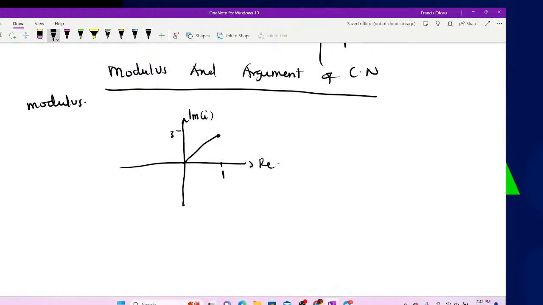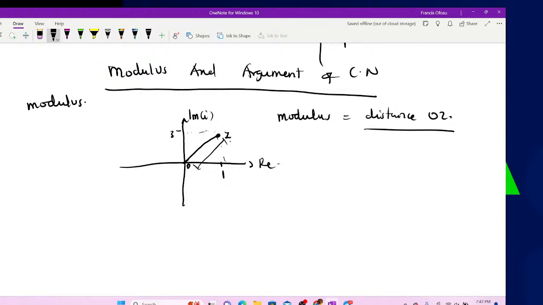My complex number is represented as a line connecting the 3 on the imaginary axis to the 1. The distance from the origin O to the complex number Z is what we call the modulus. So the modulus is simply equal to the distance OZ, origin towards Z.